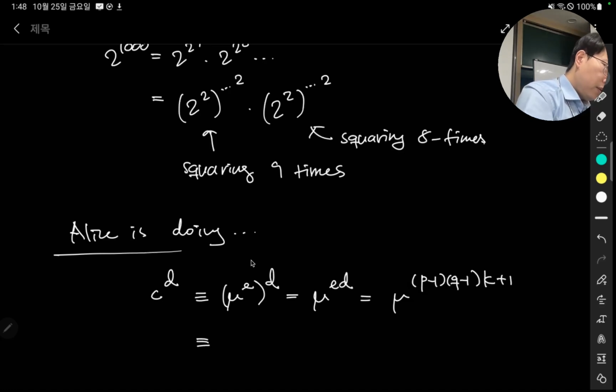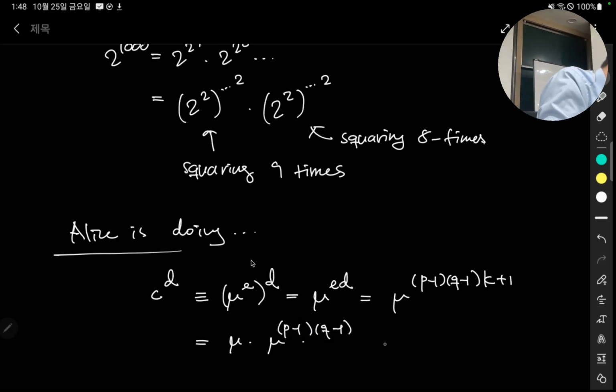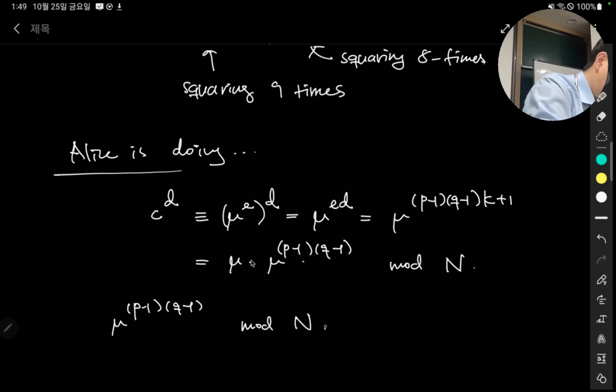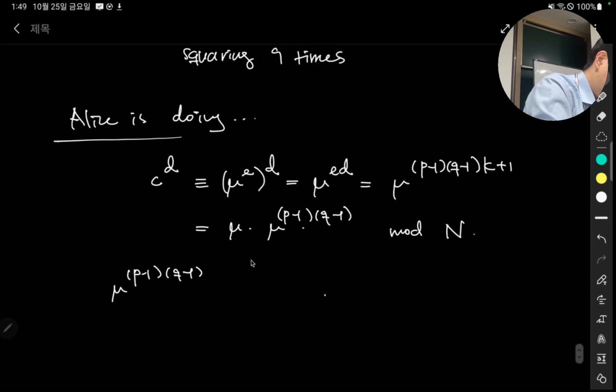So you can rewrite this as mu times mu to the power of (P minus 1)(Q minus 1) modulo n, okay? So let's think about what mu to the power of (P minus 1)(Q minus 1) is modulo n.